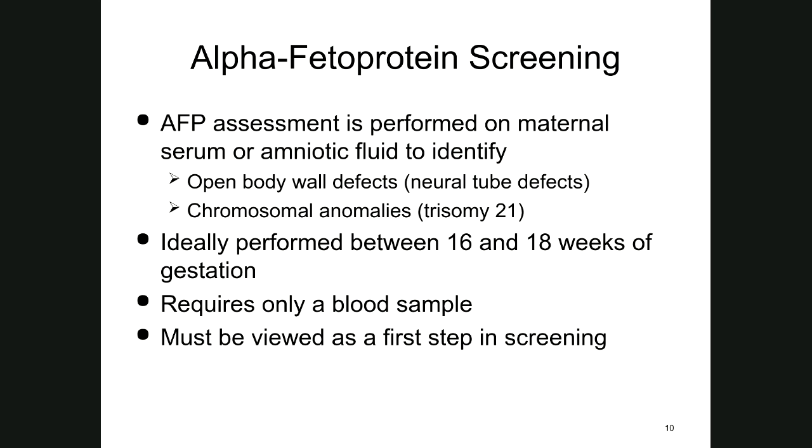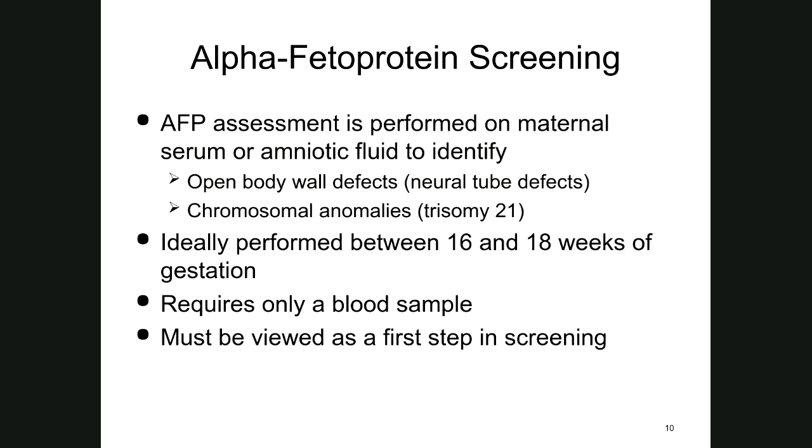So for a fetus that has a chromosomal abnormality like Down syndrome, any of the trisomies, those levels would be lower. The alpha-fetoprotein level would be lower if there was a chromosomal abnormality. In the case of a high alpha-fetoprotein level, that's usually associated with open neural tube defects or abdominal wall defects.